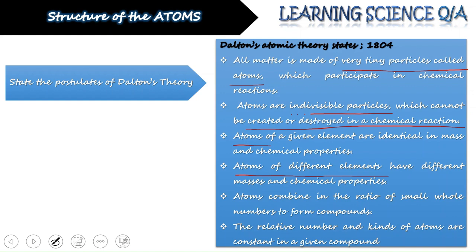During combining to form a compound, these atoms will be combining in a fixed ratio of small numbers. The relative number and the kind of atoms that are combining to form a given compound will be constant.